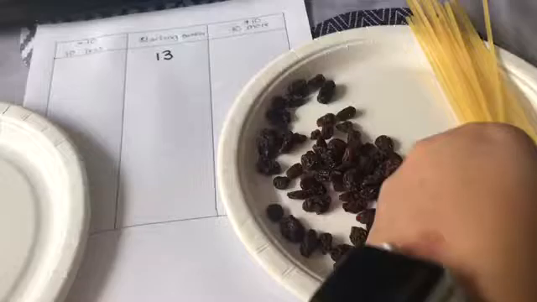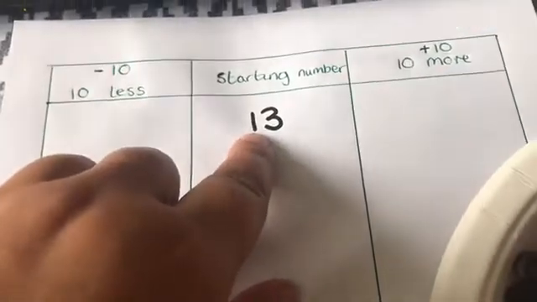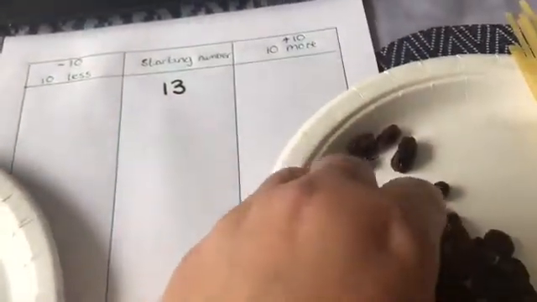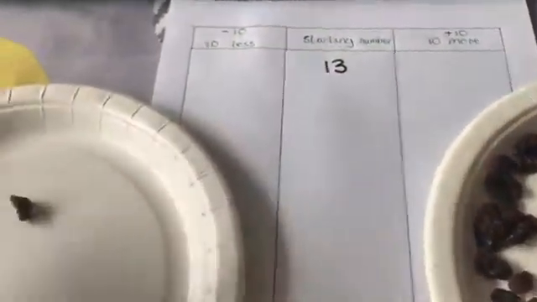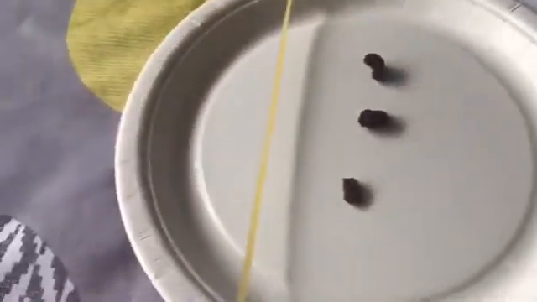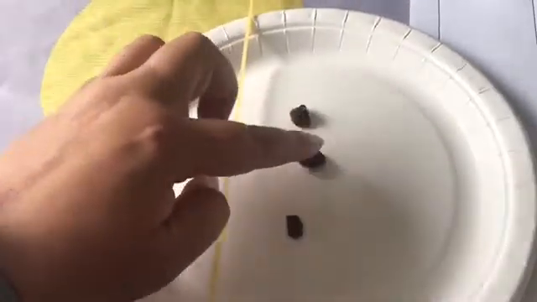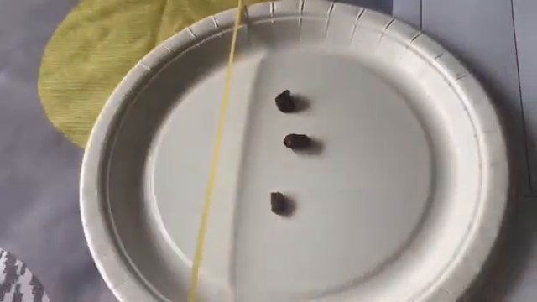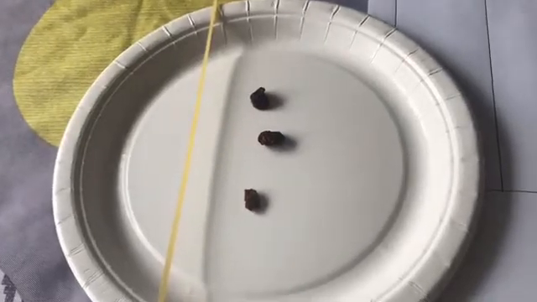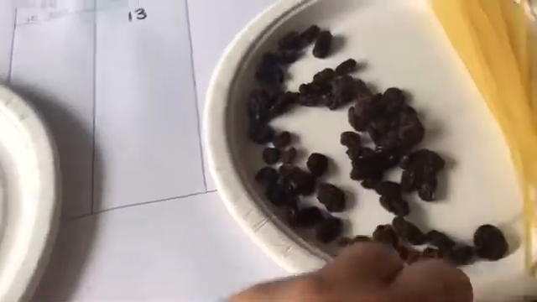So I'm going to show you 13. 13 has got 1 lot of 10 and 3 ones. 1, 2, 3. And when we count, we start and count 10, 11, 12, 13. If I want to do 10 more, I don't need to put 10 little raisins on.